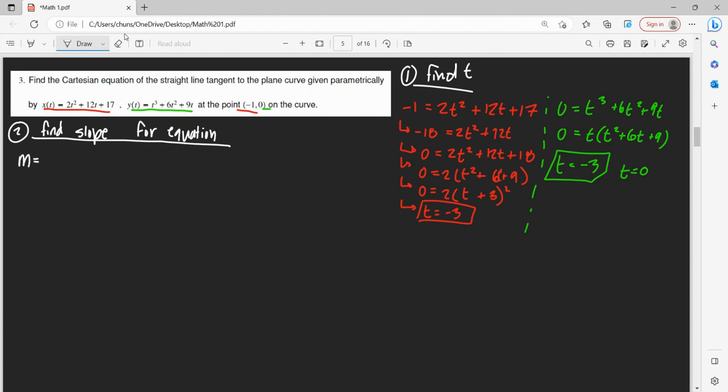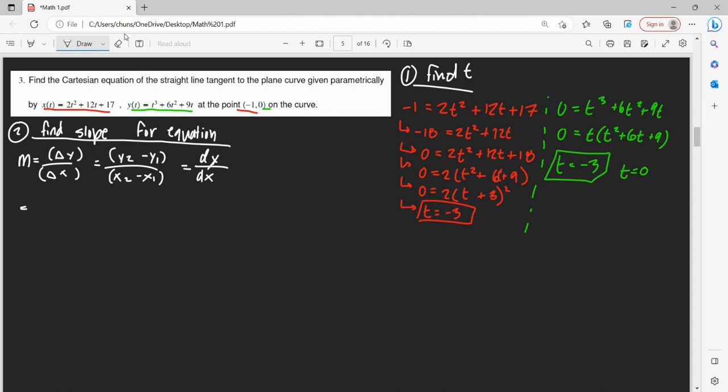So a lot of you have seen maybe this equation here, also written as y2 minus y1 over x2 minus x1. But we can equate this to being the derivative of y over the derivative of x, and we can use that to help us find what that is meant to be, and we will be using t to plug in to find out what that is.